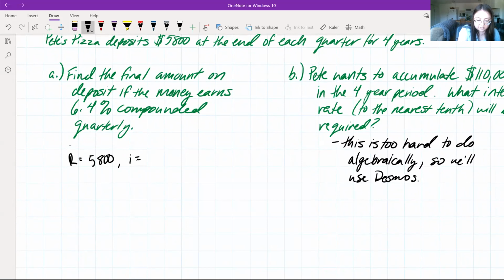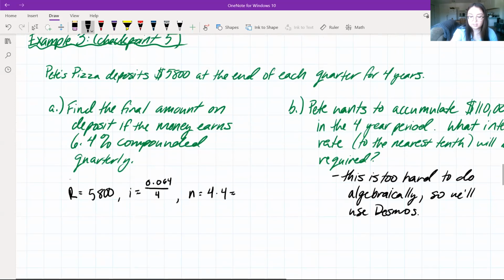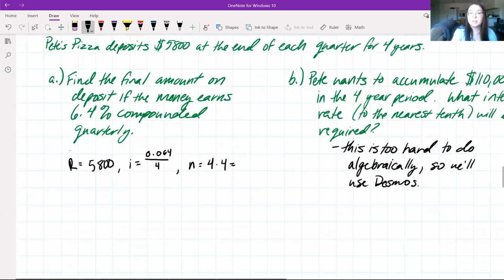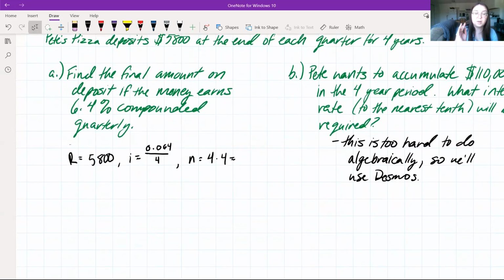Our I is going to be 0.064. We're compounding quarterly, so 4 times a year. So we can't forget to divide by 4. And then our value of N is quarterly for 4 years. Since we know that we're depositing this money at the end of each quarter for 4 years, so this means 16 payments.